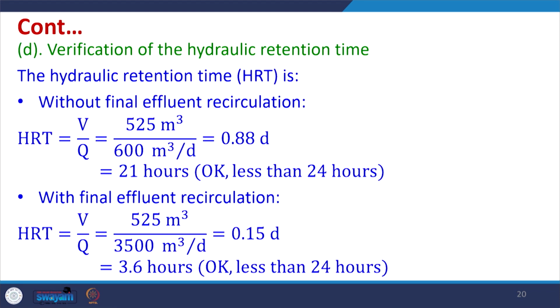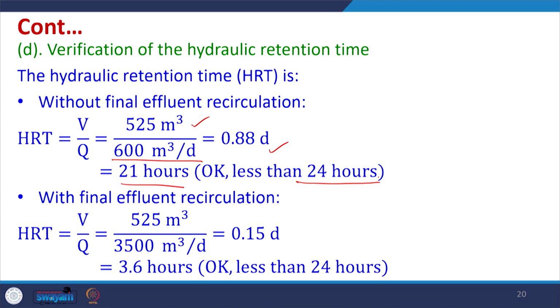Now, let us recalculate the hydraulic retention time. The hydraulic retention time without the final effluent recirculation is 525, the volume, divided by Q, the flow rate, 600 meter cube per day. So, it is 0.8 day or roughly 21 hours, which is less than 24 hours.